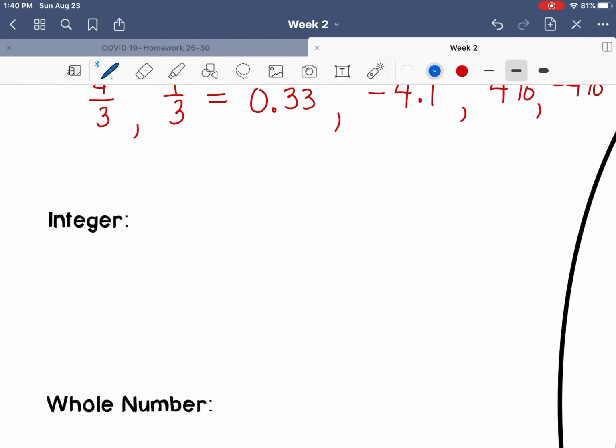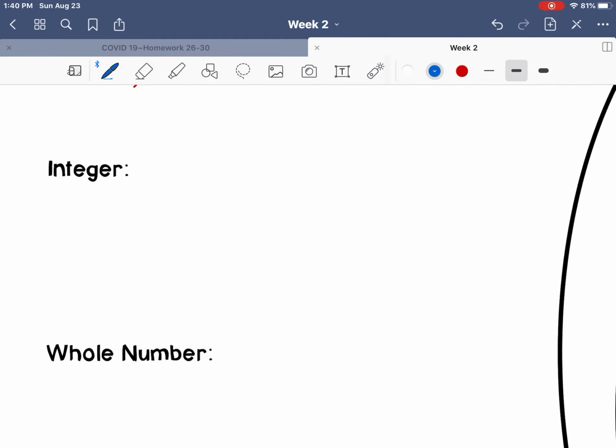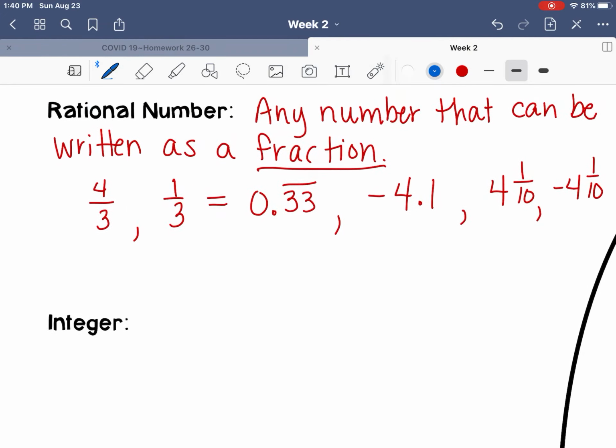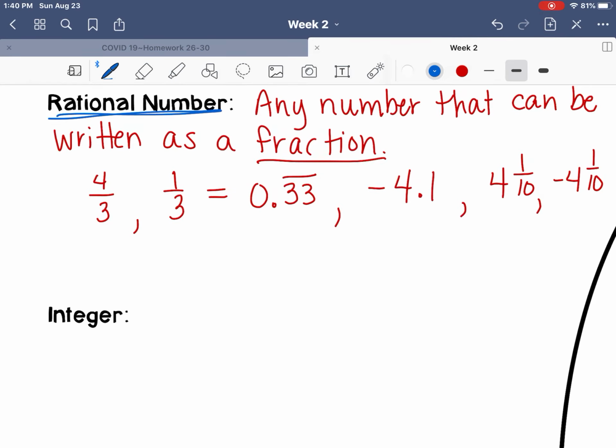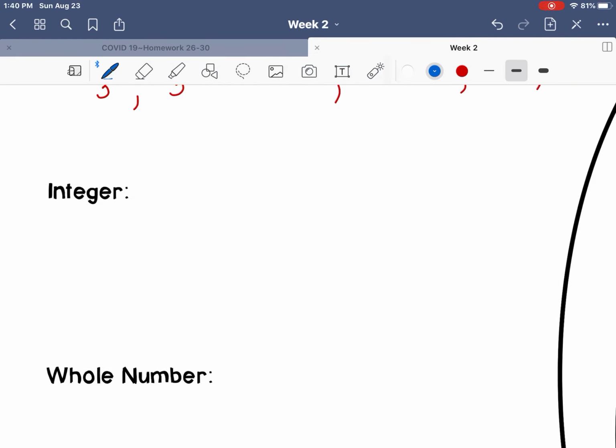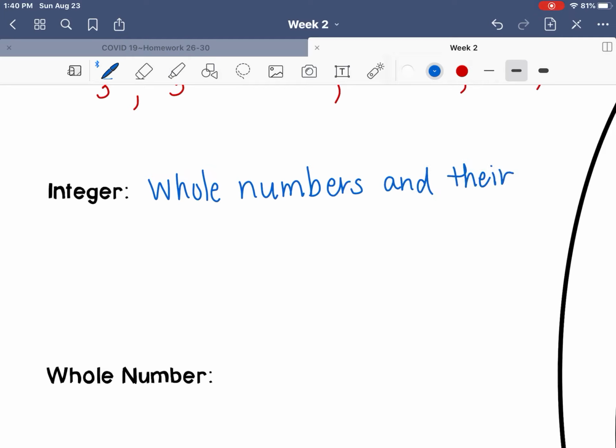Now let's talk about the next category. This is a little smaller category because rational numbers is all the numbers we work with. Integers are the whole numbers and their opposites. Let's talk about opposites for just a minute.